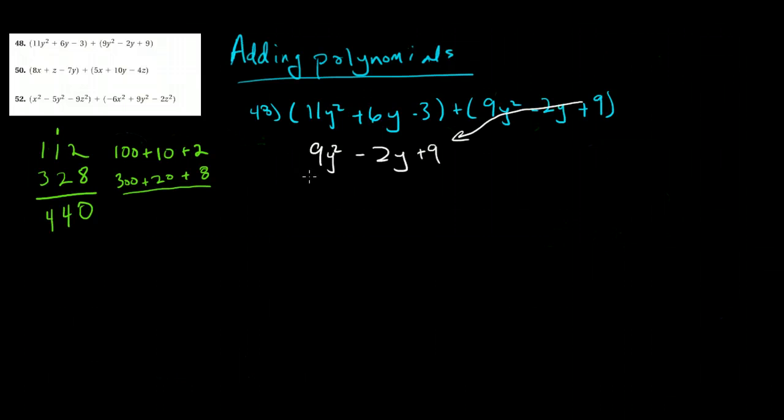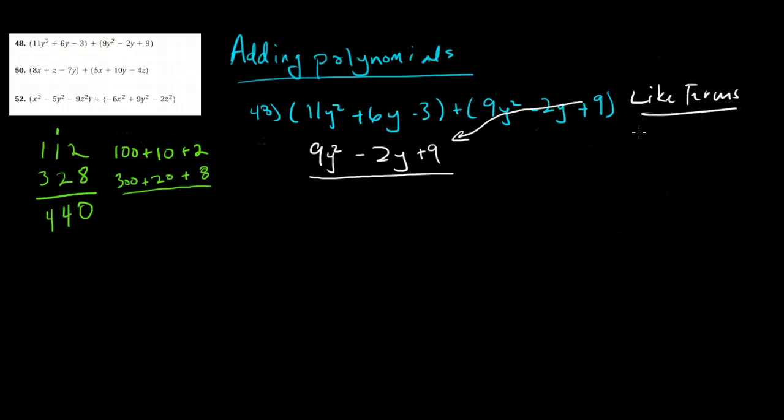As long as I rewrite the like terms together, notice that this is a y squared. This y doesn't have an exponent; it's a degree of 1. And this doesn't have a y at all. So in order to add polynomials, you can only add like terms.